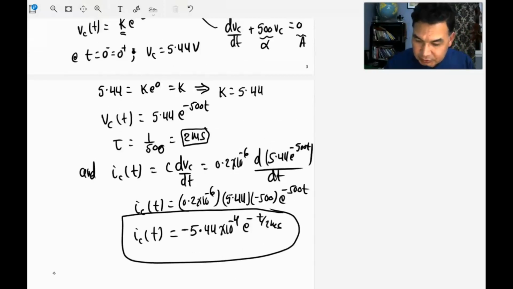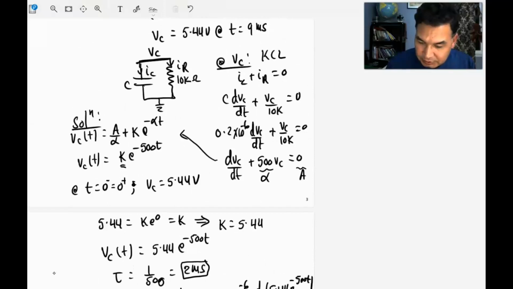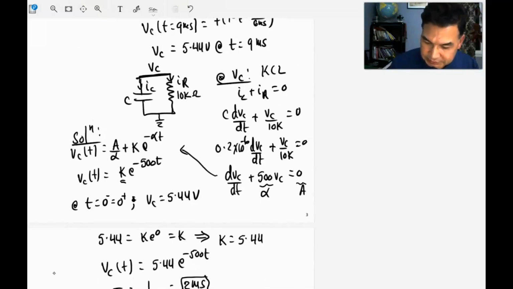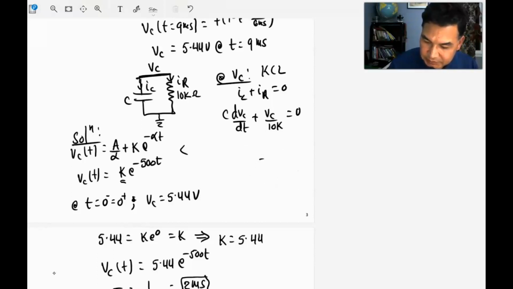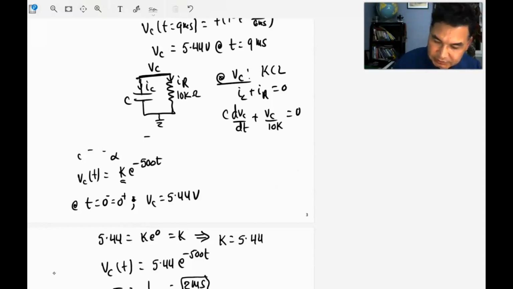So this is the differential equation method. Or you can simply use another technique. Since in the discharging path you have a simple capacitor and a resistor, you can directly use the general formula.